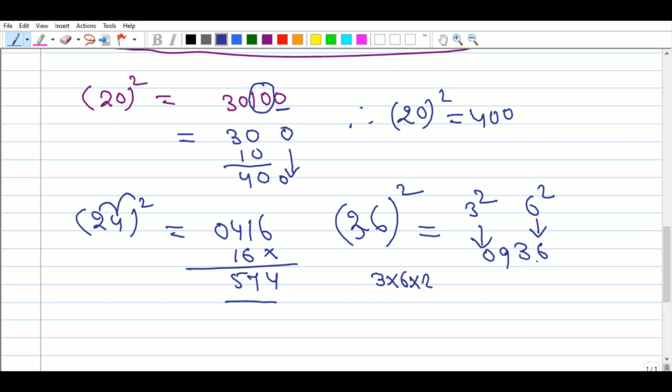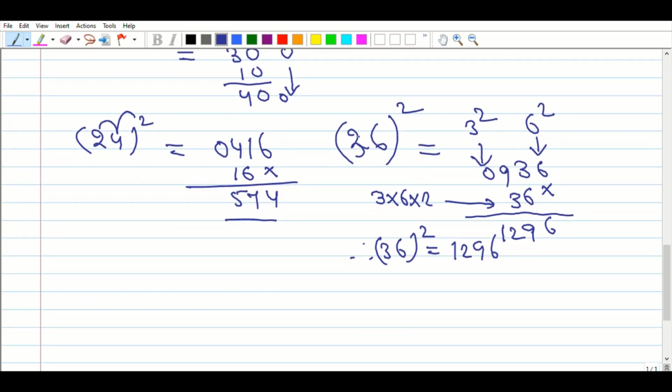What can we write? Leave the one place digit. 9, 36 here, no? Then write 6 threes are 18, 2 times is 36. So 36 is here. Then add it. 6, 3 plus 9, and 9 plus 3 is 12. That is 1296. So the square of 36 equals 1296. Is it clear? We can do this for any number.